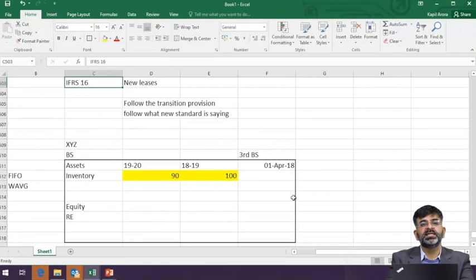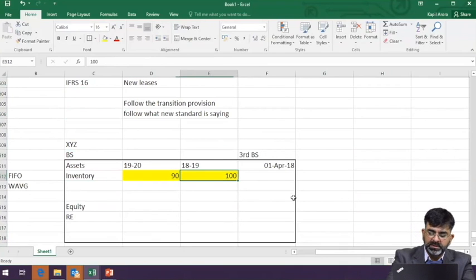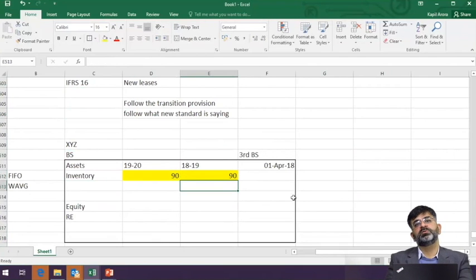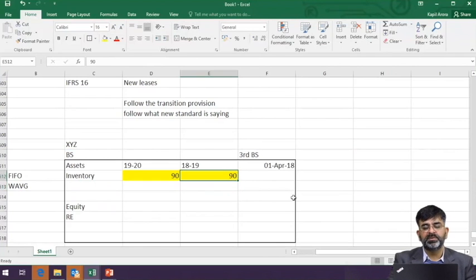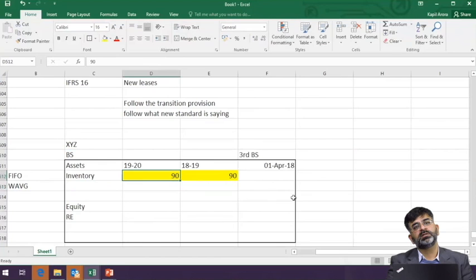To show nothing has changed, I will not apply the weighted average method only to the current year, but I'll apply it to the previous year also, and the previous year value is also restated to 90. I am taking the same numbers, that is the reason it is the same. Now the person who looks at my financials will find that there is no loss at all.